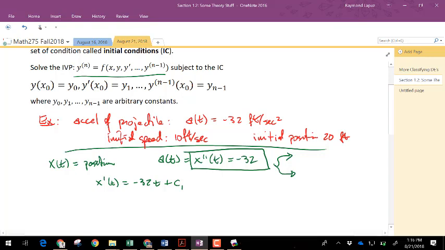What are they? Initial speed. How should I denote the speed? Yeah, so its initial speed is going to be 10 feet per second, but what do I want to call it, I guess, is what I'm asking.